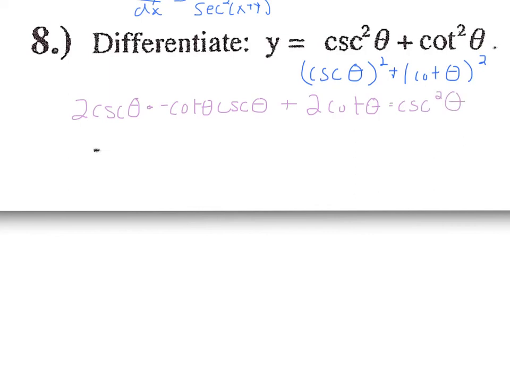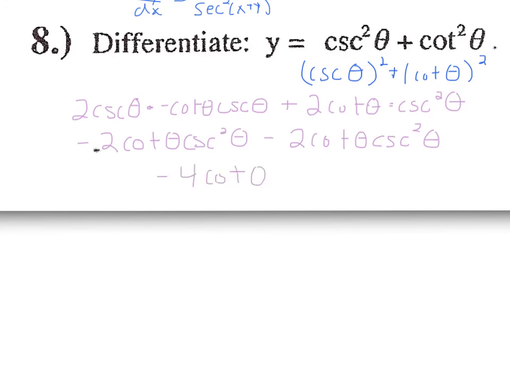So then we'll get a negative 2 cotangent theta cosecant squared theta minus 2 cotangent theta, negative, we pulled the negative out in front, cosecant squared theta, which simplifies to negative 4 cotangent theta cosecant squared theta.